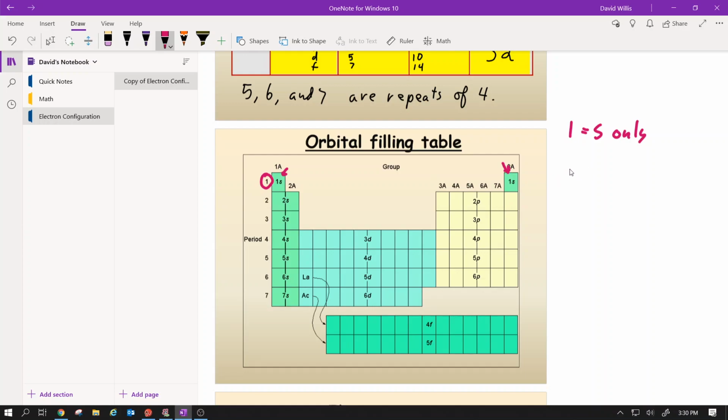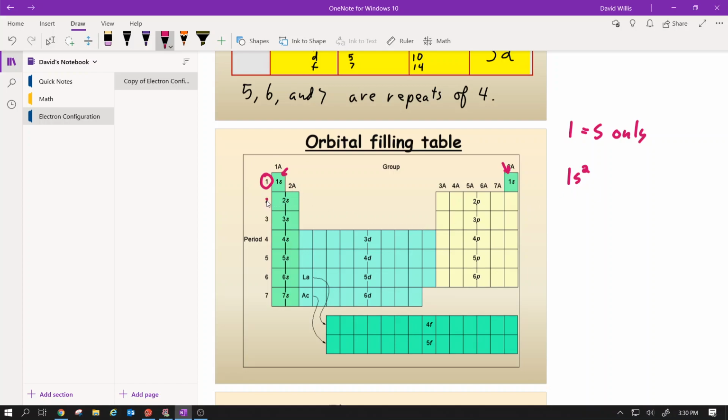So we describe that as 1s2, meaning that we have energy level 1, orbital S, and when it's full it has 2 electrons.